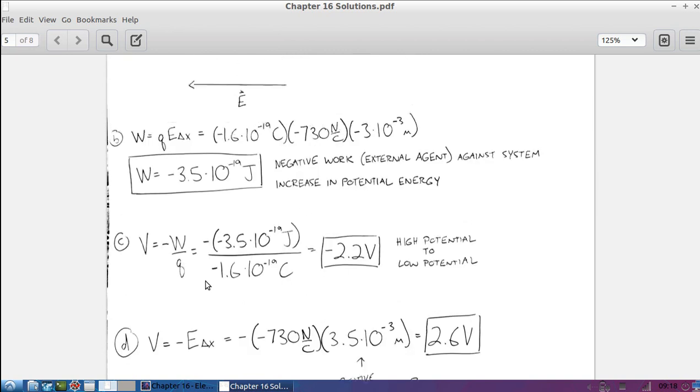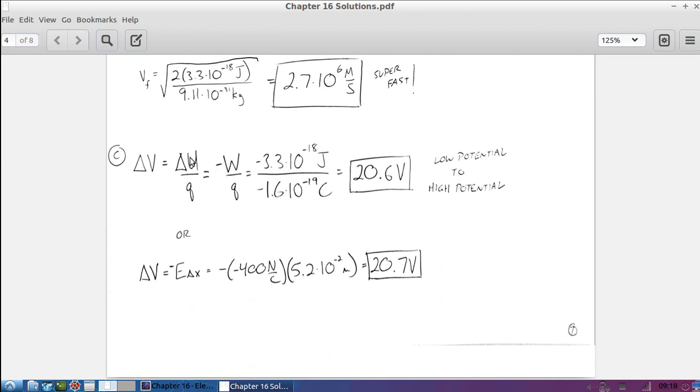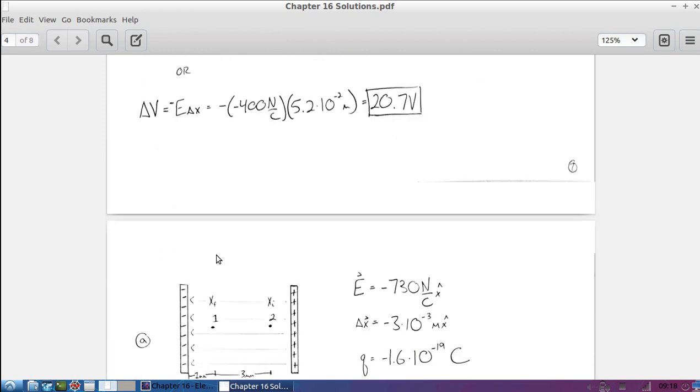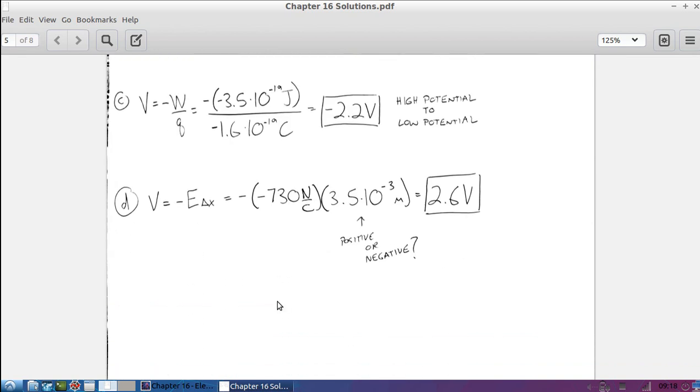So just like the previous problem, I showed you two different ways. We could use delta U over Q. Since I know the work, I know the change in potential is just negative the work. I could also use, if I knew the particle's displacement and the magnitude of the electric field, negative E delta X, and I would get the same value, or something very close, if I rounded differently or something like that.